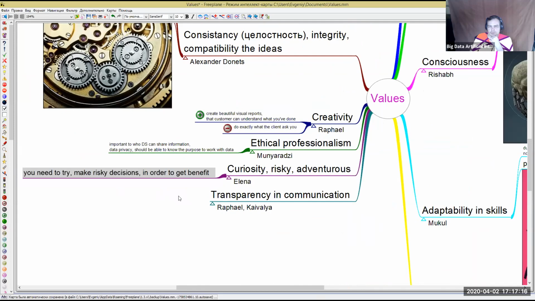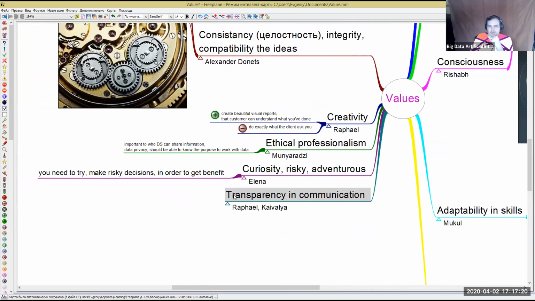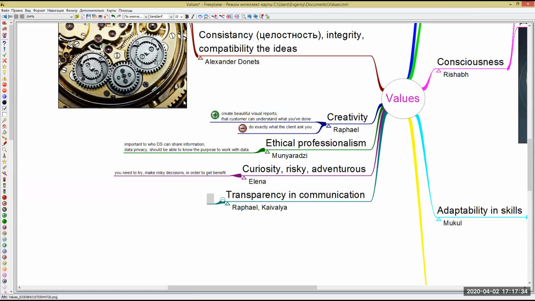Okay, so for transparency, how can we shortly explain? Cavalier? Yes. So what does it mean, transparency?